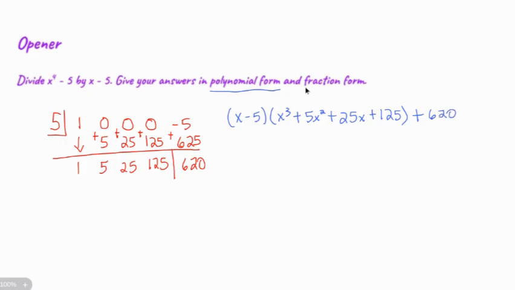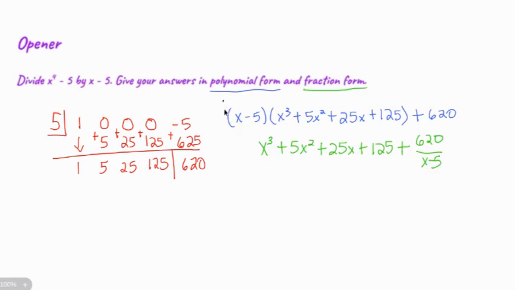Let's go ahead and write in fraction form. So fraction form would just be our quotient, so that's x cubed plus 5x squared plus 25x plus 125 plus 620 divided by x minus 5.